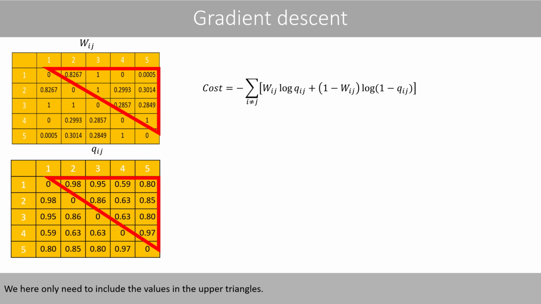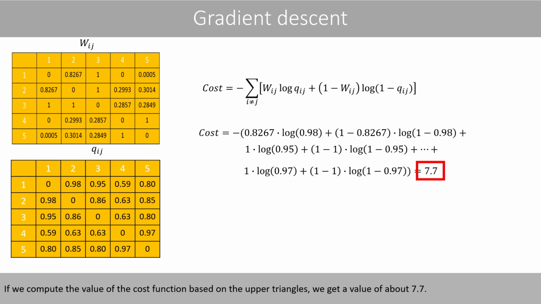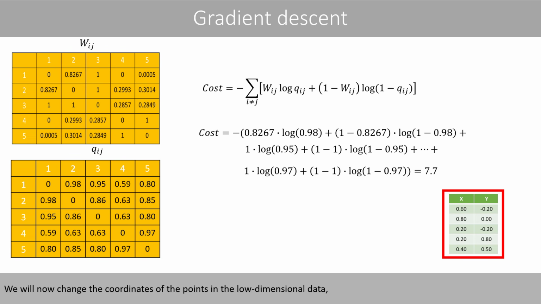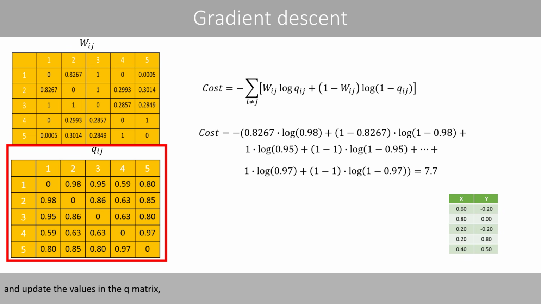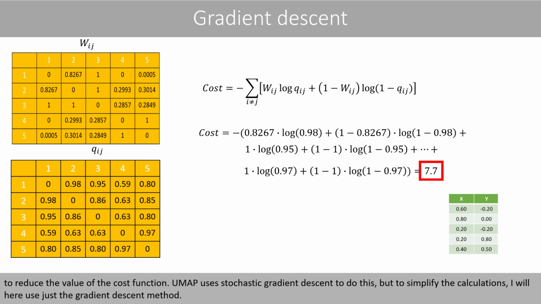We here only need to include the values in the upper triangles. If we compute the value of the cost function based on the upper triangles, we get a value of about 7.7. We'll now change the coordinates of the points in the low-dimensional data and update the values in the Q matrix to reduce the value of the cost function.